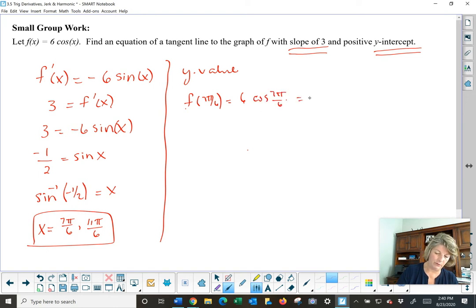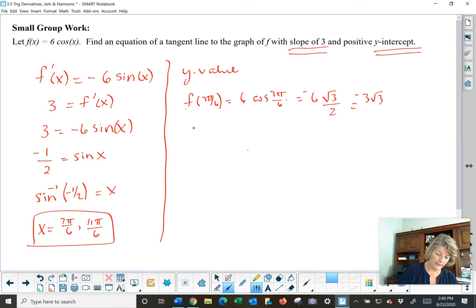And that would be equal to 6 times, cosine of 7 pi over 6 is root 3 over 2. And that would give us 3 root 3. Oh, positive or negative? 7 pi over 6 would be negative. Let's get a negative on there. All right.